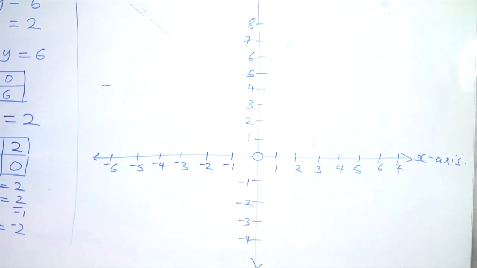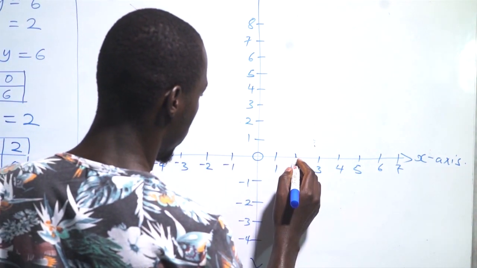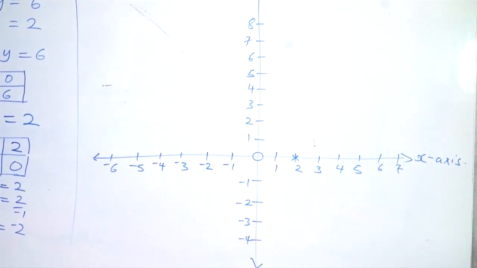Then I start plotting my points here. That is x is 2, y is 0. I look for that point on my Cartesian plane. X is 2, y is 0, that is that one there. Then I go for 0 and 6.